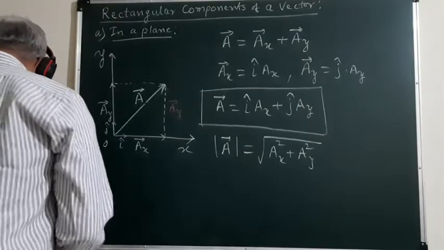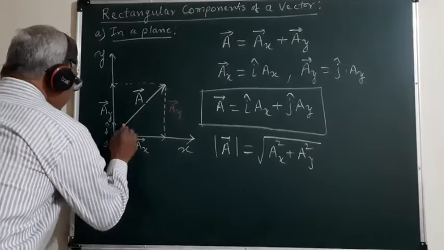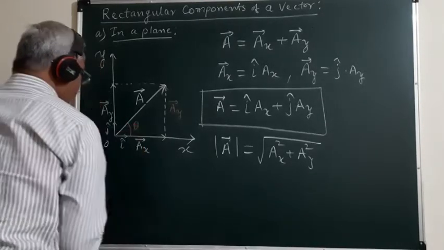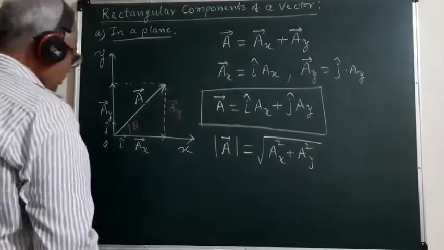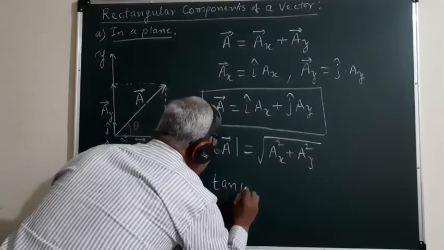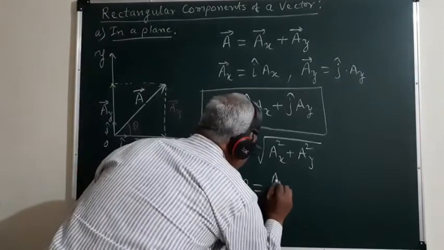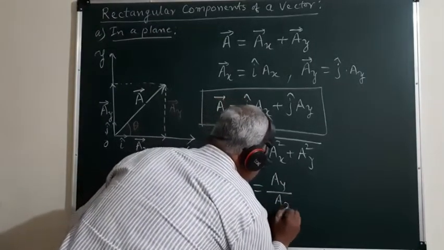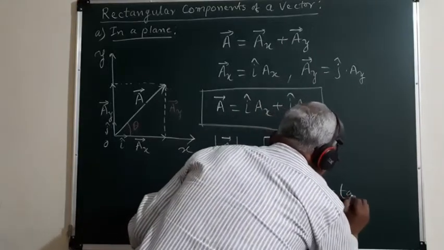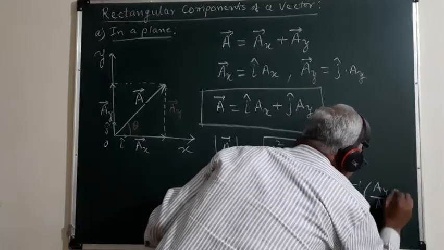And if we consider theta is the angle subtended by the vector a bar with the positive direction of x axis, then the value of theta is obtained by using the expression tan theta is equal to ay upon ax, and this gives theta is equal to tan inverse of ay by ax.